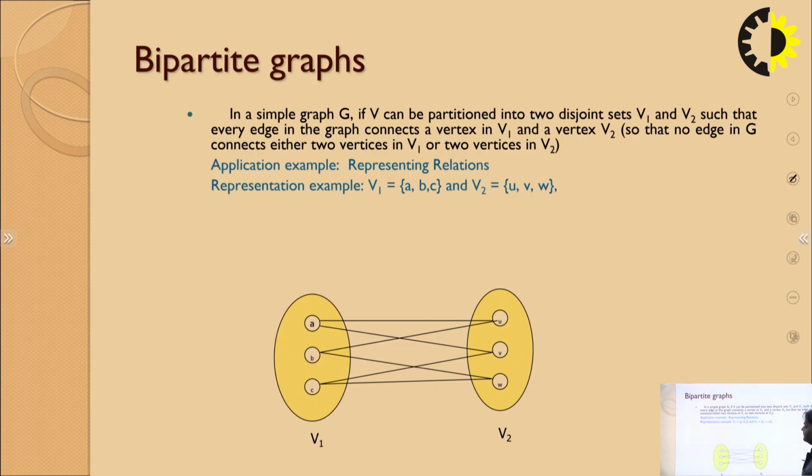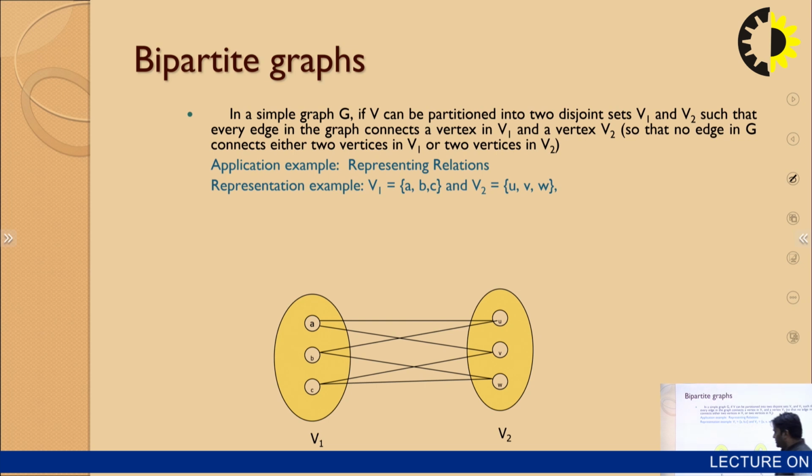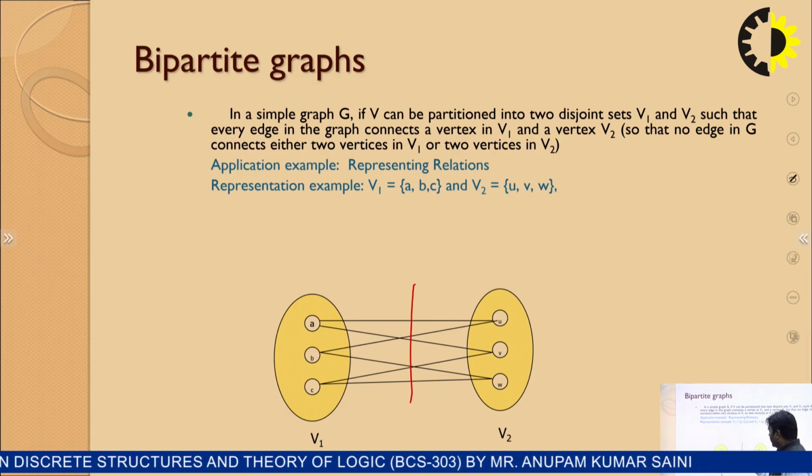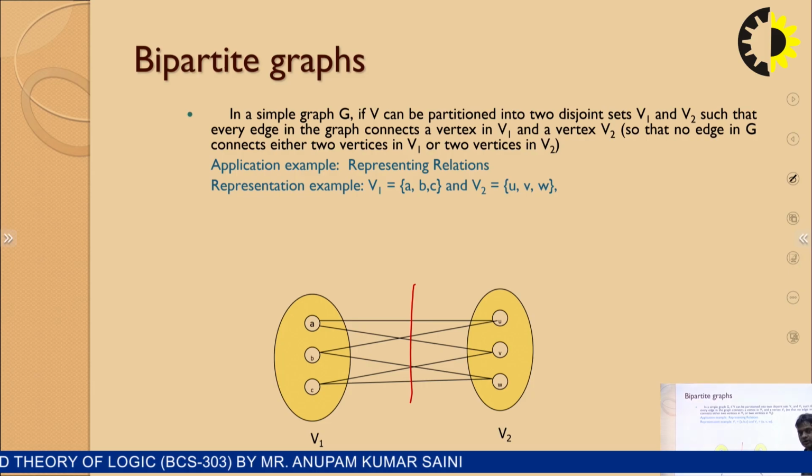In a simple graph G with V vertices and E edges, if the vertices of the graph are divided into two parts, V1 and V2, such that one end of each edge goes with V1 and the other end goes with V2, then the graph is a bipartite graph.